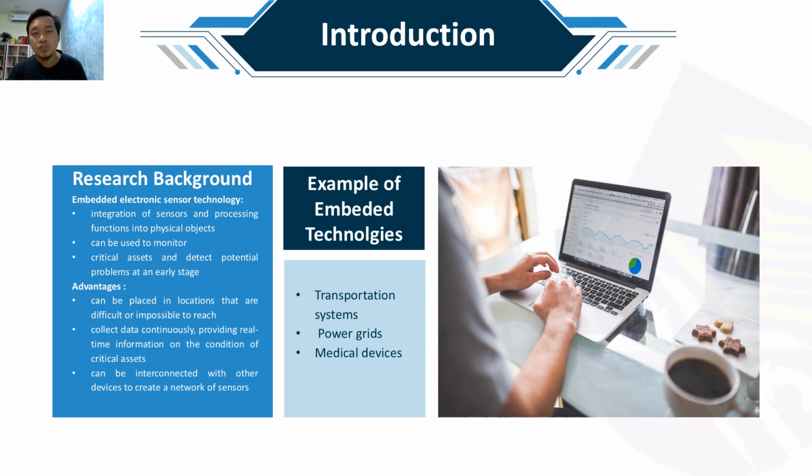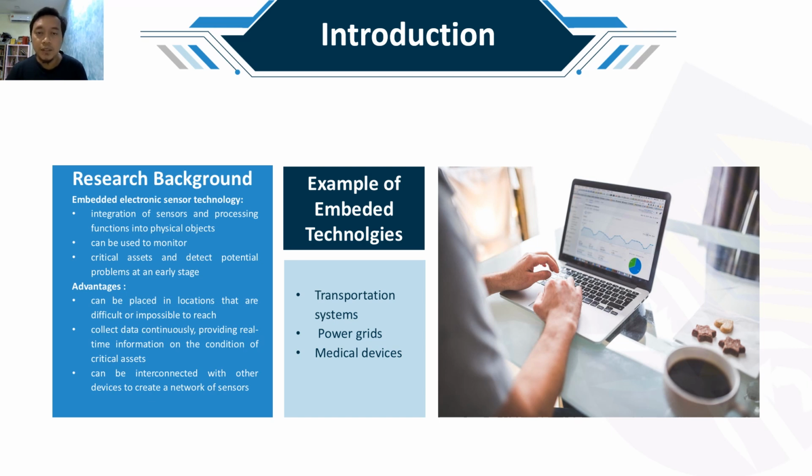This allows for the monitoring of critical assets that are not easily accessible, such as in remote locations or risky environments like a power station. And the second one, the embedded sensor can collect data continuously and provide real-time information on the condition of the critical asset. This allows for the early detection of potential problems before they can cause failures.